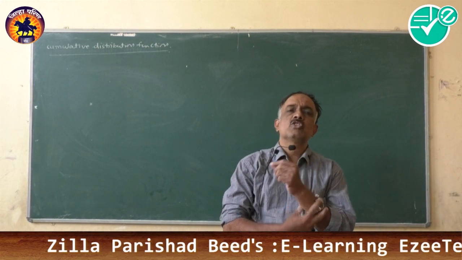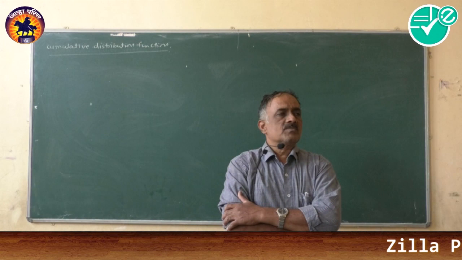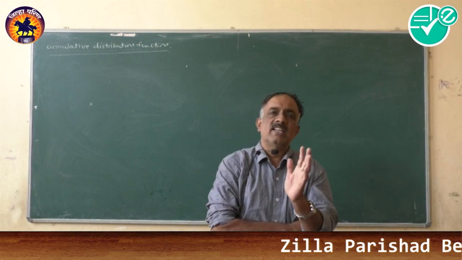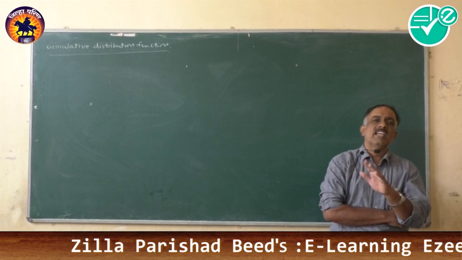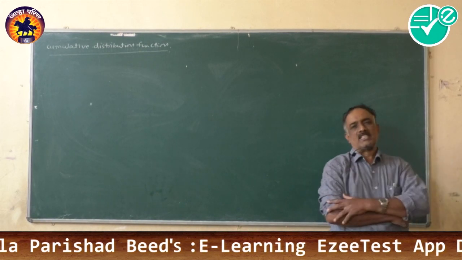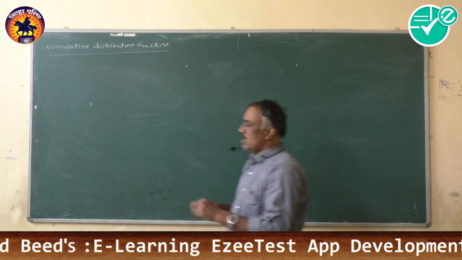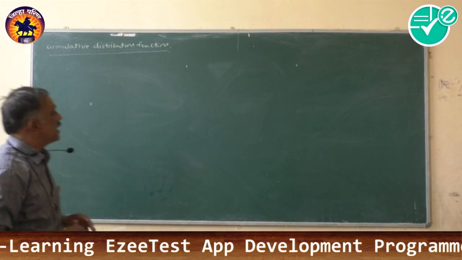Here the cumulative distribution function at any point x is defined as the sum of the probabilities of all the discrete values of x below the value of x. Let me explain it by using an example.